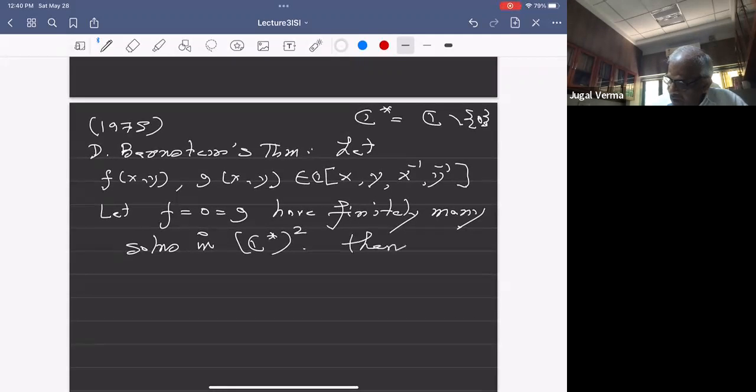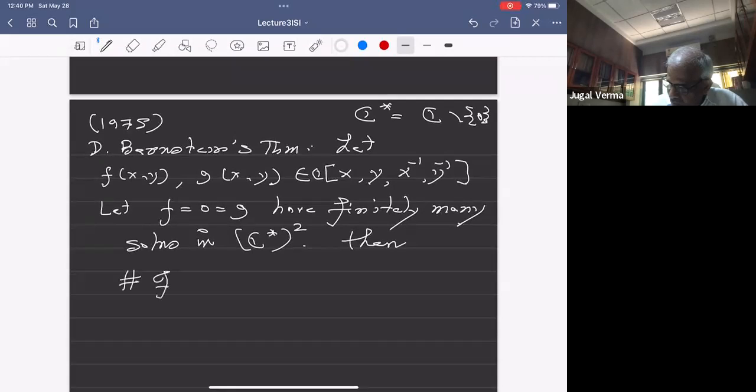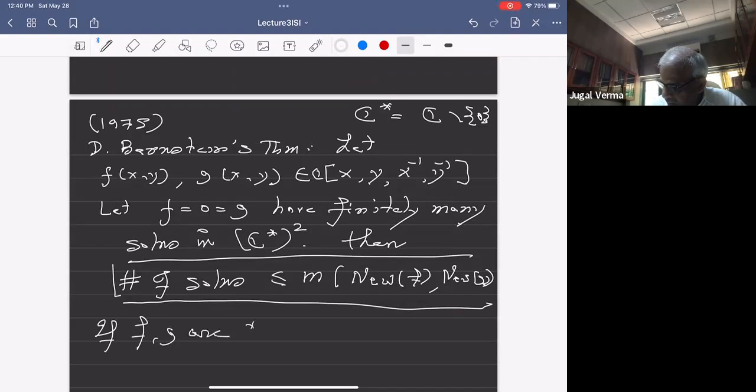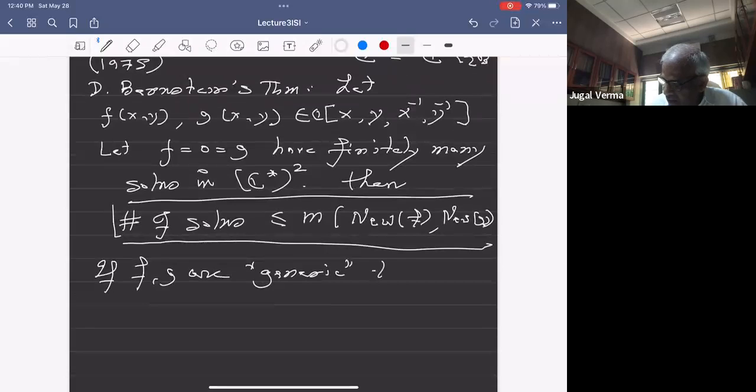Then the number of solutions is bounded above by the mixed area of the Newton polygon of F and the Newton polygon of G. And if F and G are generic, meaning randomly selected polynomials, then equality is true.